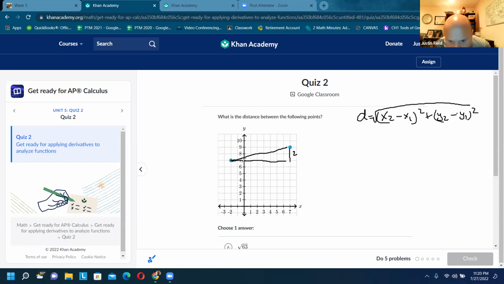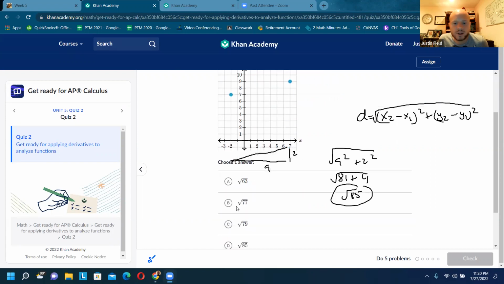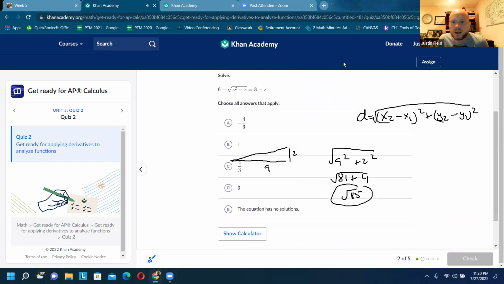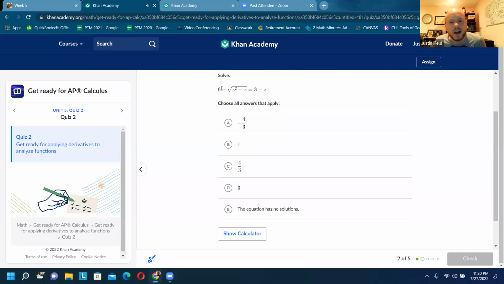But it's also nice to use the Pythagorean theorem. -2 to 7 is 9. Then we could just do 9 squared, 2 squared, 81, 4, 85. Square root of 85. However you can do the question the quickest, that's the way you should do it. Pythagorean theorem or the distance formula.